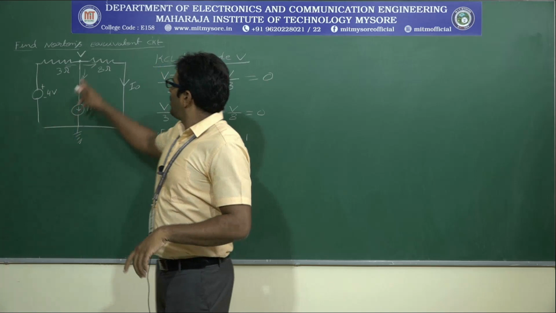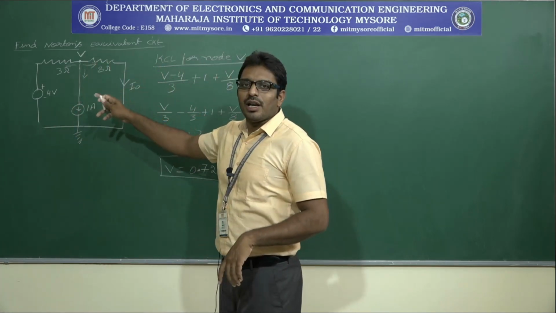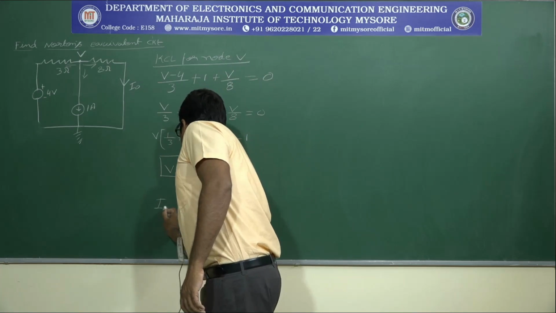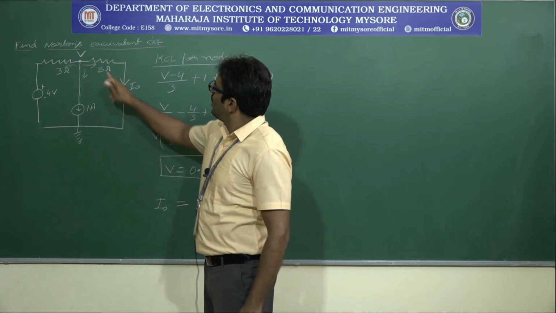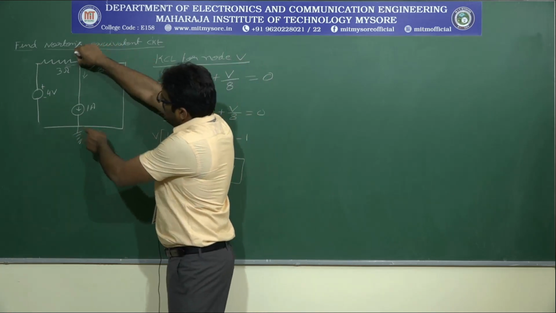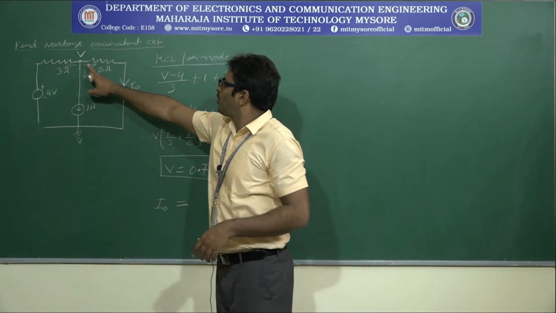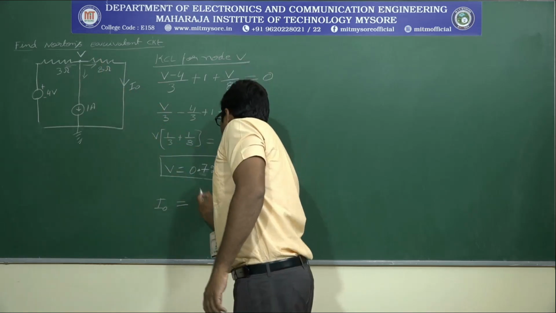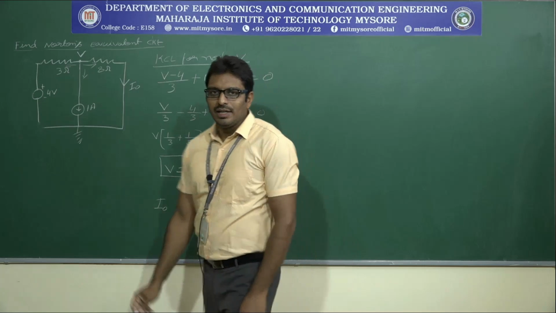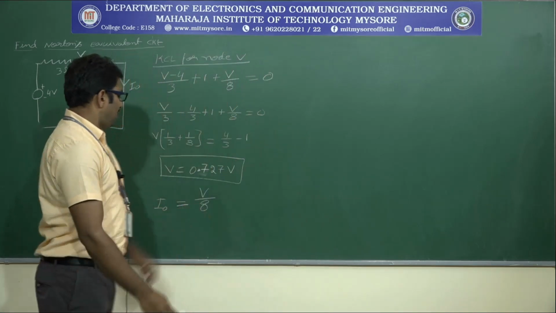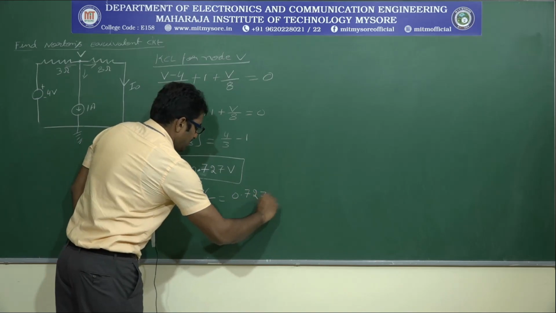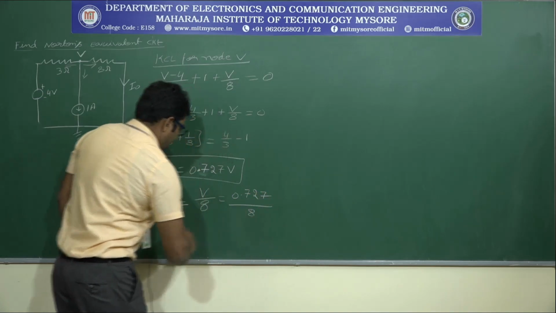I naught is nothing but the current through the 8 ohm resistor, right? Then what is I naught? I naught is equal to the potential difference across this branch divided by resistance. The potential difference is nothing but V, divided by resistance 8. Is that clear? Just substitute the value of V. V is equal to 0.727, divided by 8.